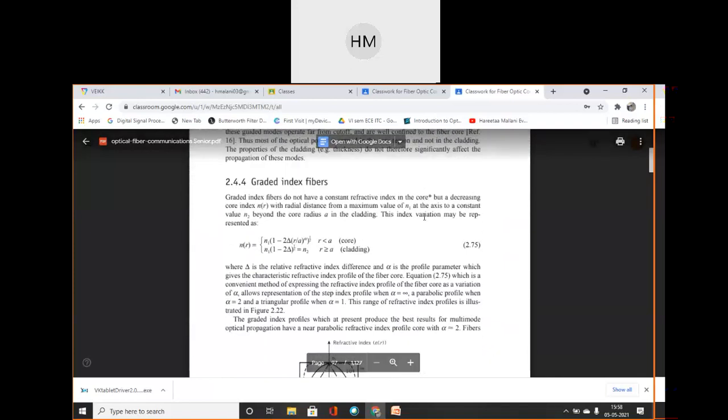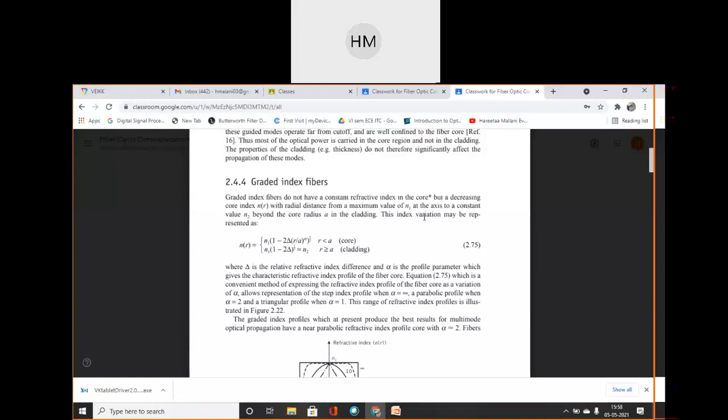So today the topic of discussion is graded index fiber. There are two categories of fiber. We have discussed step index fiber, all the parameters, single mode, multi-mode fibers.